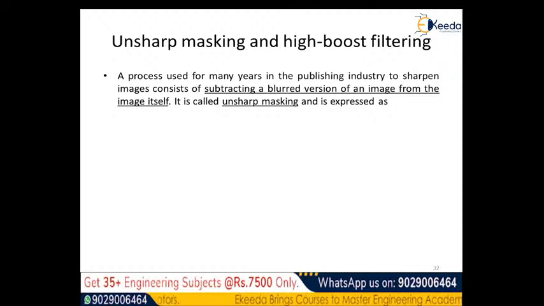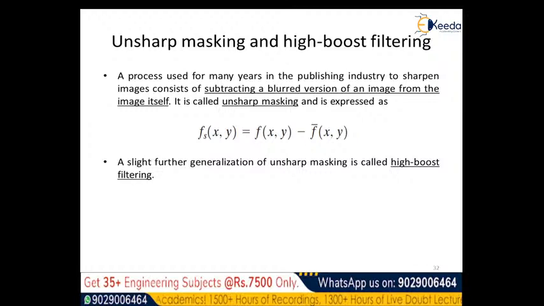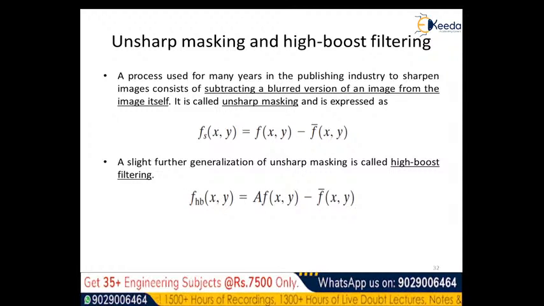The mathematical representation of this unsharp masking can be given by this mathematical expression here, and a generalized representation for the high boost filtering can be modified to this particular form here. So HB in small case represents the high boost filtering here.